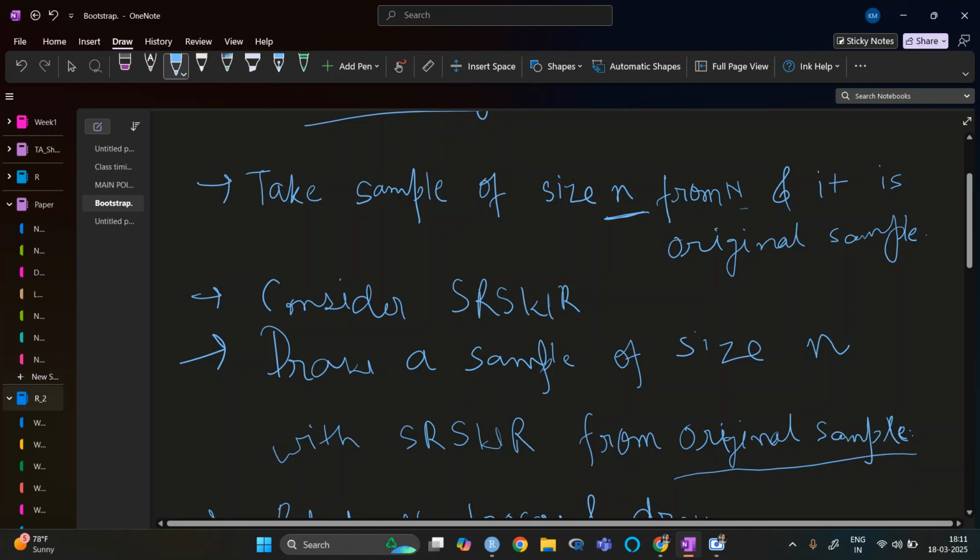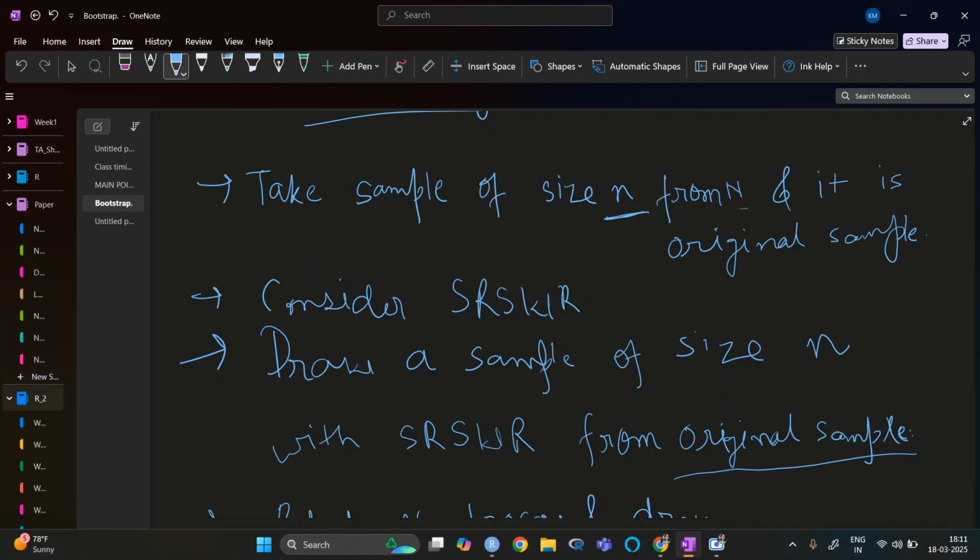What I said earlier was that we take different n-size samples from the population. That is not what we do in bootstrap methodology. That is one more way to understand the population, but right now we are not doing it that way.